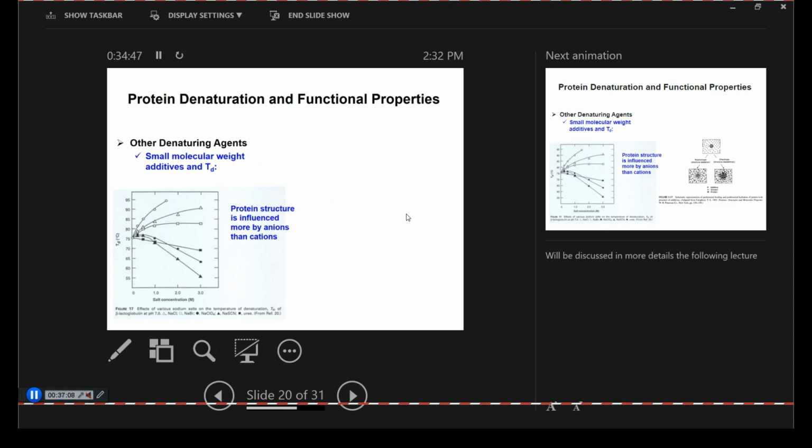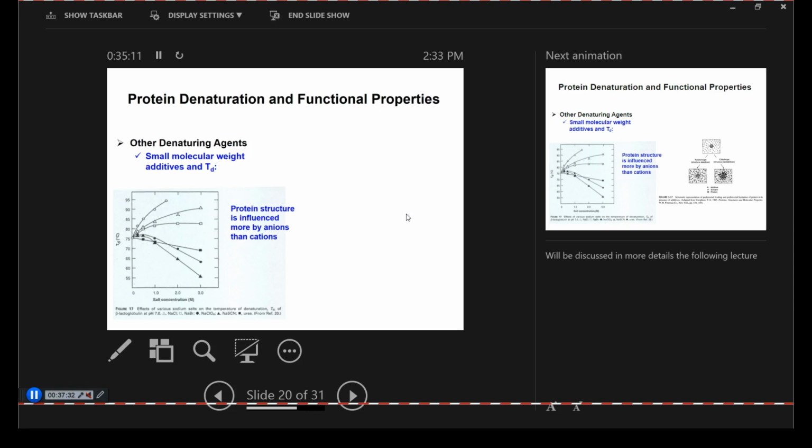Okay. So this is a diagram that shows denaturation temperature. Okay, at concentrations less than 1 and greater than 1 molar. So not only the protein here is not interacting with water anymore, we're causing a structural change.